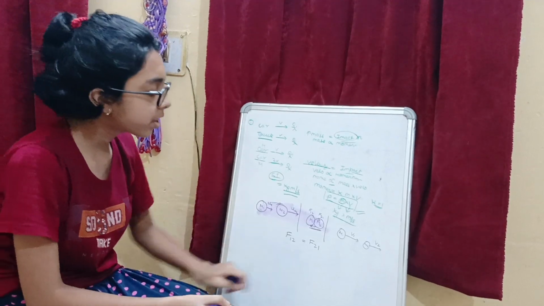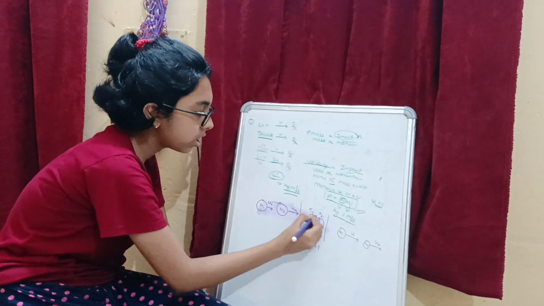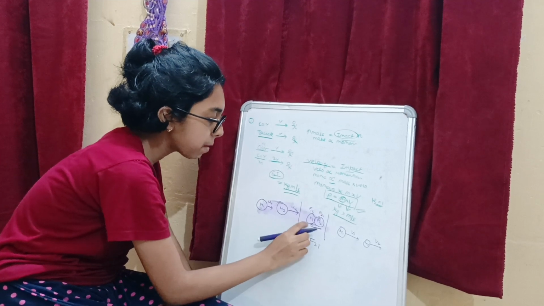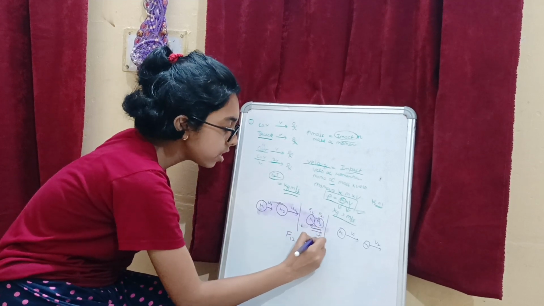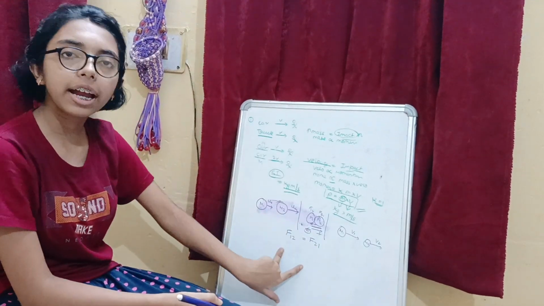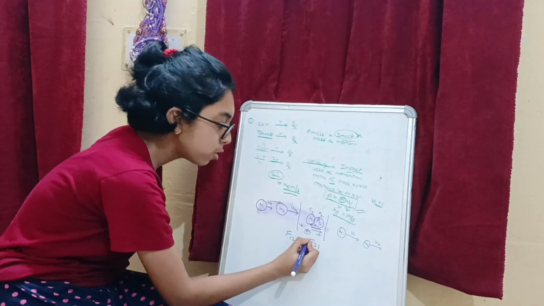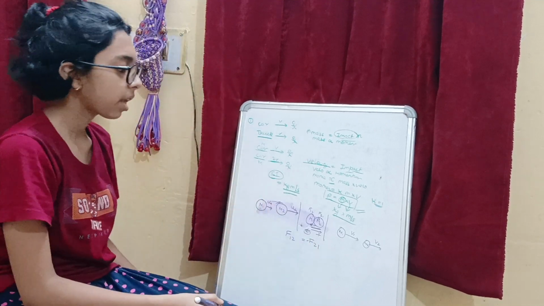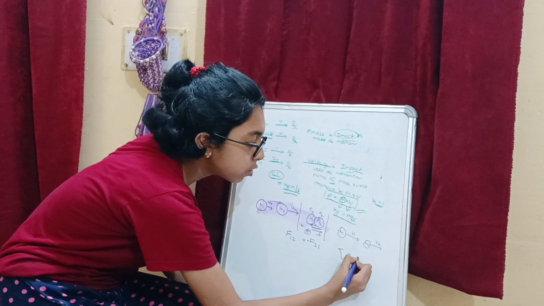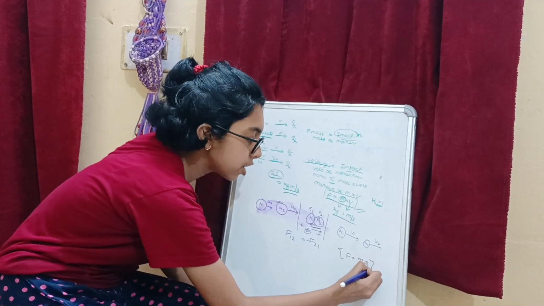Now from here we can see this one is applying force in the positive direction, and this one is applying force in the negative direction. So we will put a negative sign in one of them. Now as we know, the formula of force is mass multiplied by acceleration.